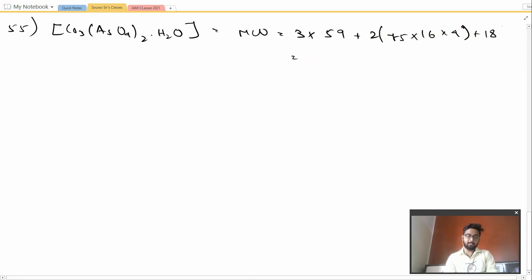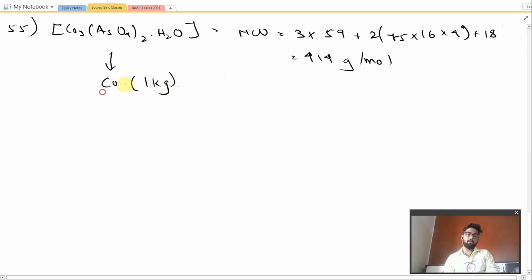The weight for this molecule, this ore, comes out to be 414 grams per mole.